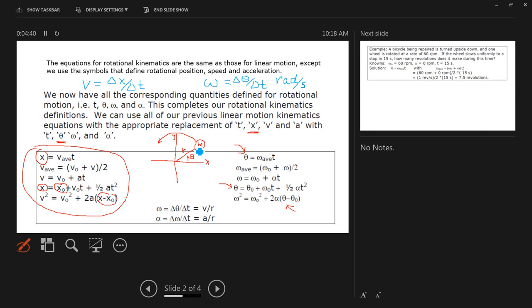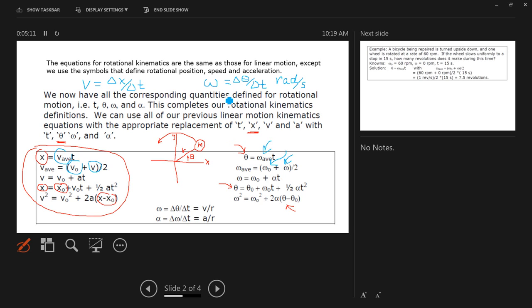Down here in our formulas, everywhere we have a V, whether it's V average or V0 or V by itself, we're going to replace that with an omega and keep the subscript average and keep the subscript 0. Then we're just converting the equations we already know into equations that can apply for rotational motion.